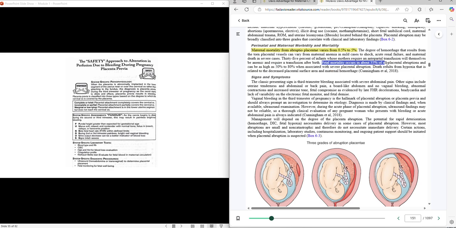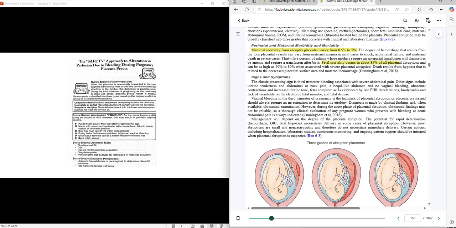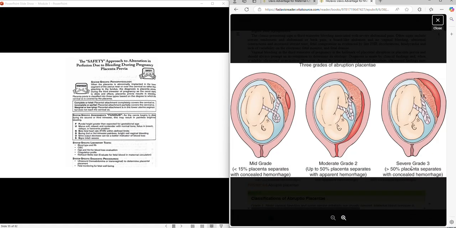It occurs in about 35% of the fetuses. Placental abruption is when the placenta starts separating. You can see here it's less than 15% on a mild-grade hemorrhage, a moderate is up to 50%, and then severe is greater than 50%, okay?